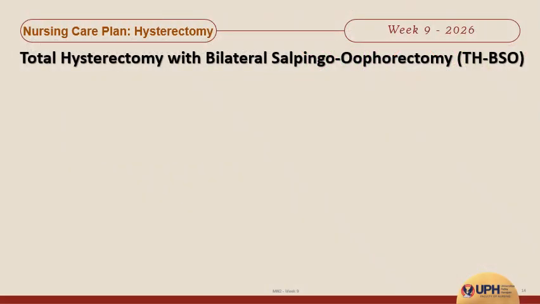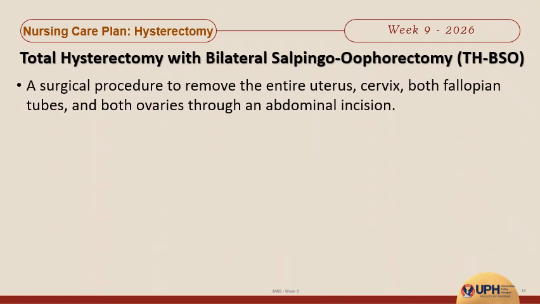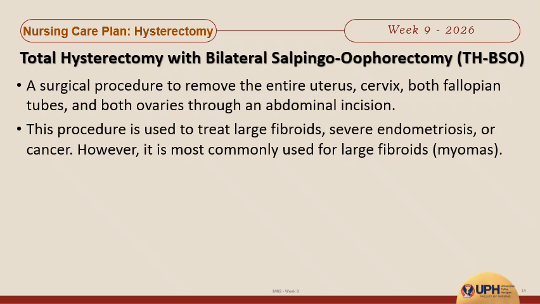Now, we talk about the total hysterectomy with bilateral salpingo-oophorectomy. This is a surgical procedure to remove the entire uterus, cervix, both fallopian tubes, and both ovaries through an abdominal incision. This procedure is used to treat large fibroids, severe endometriosis, as well as cancer.